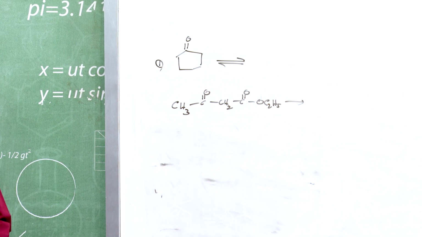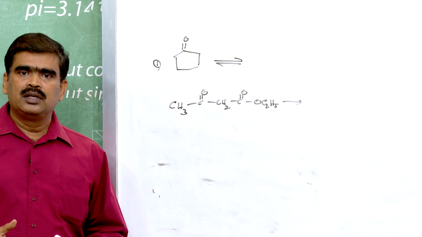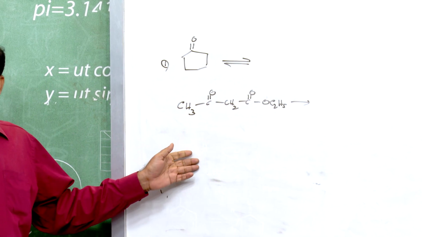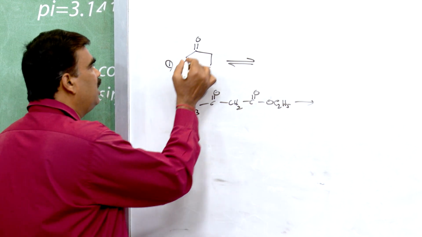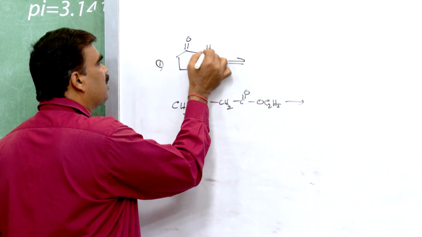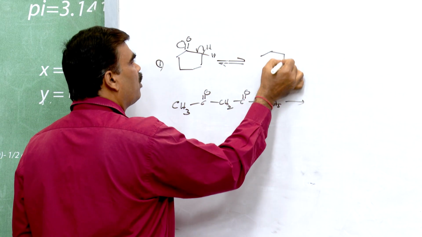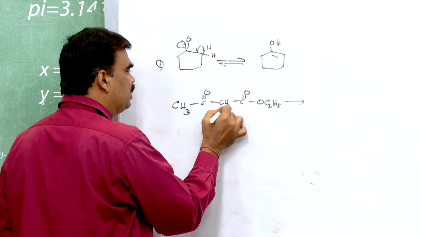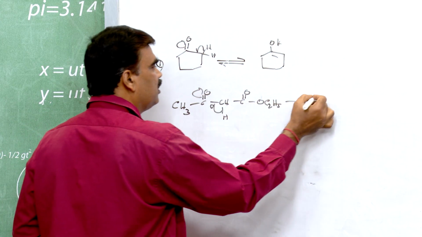The enol form is stable where it forms hydrogen bonding or gets stabilization through resonance or aromaticity. What will its form be? You have H here, so its enol form will be like this, and here it is active hydrogen, so its enol form will be like this.